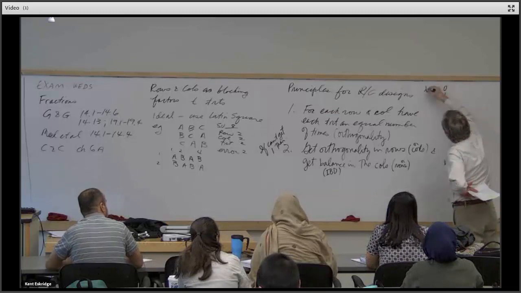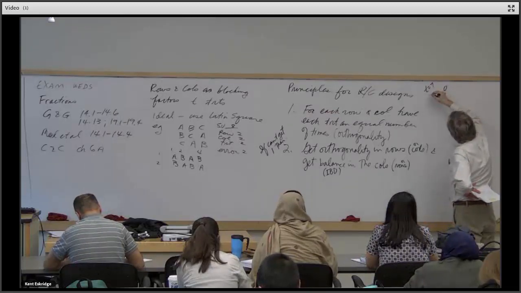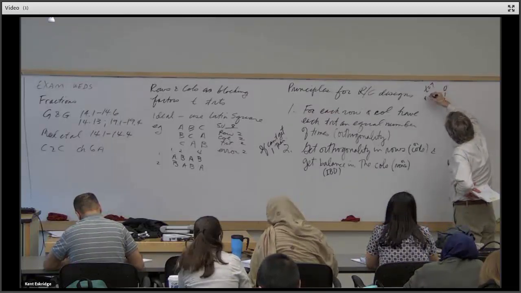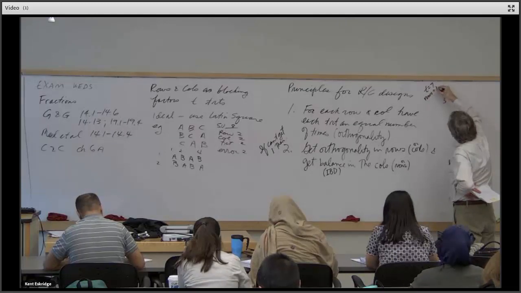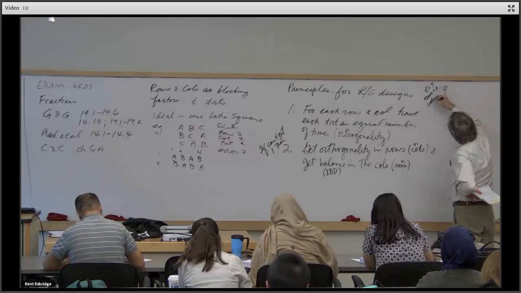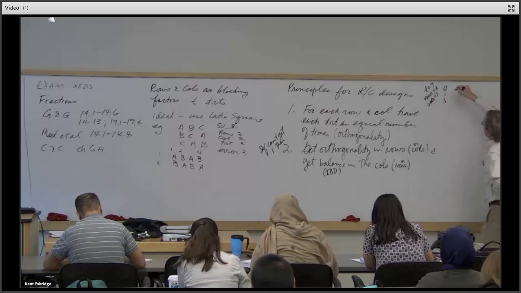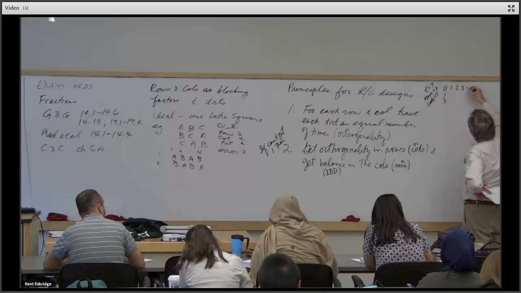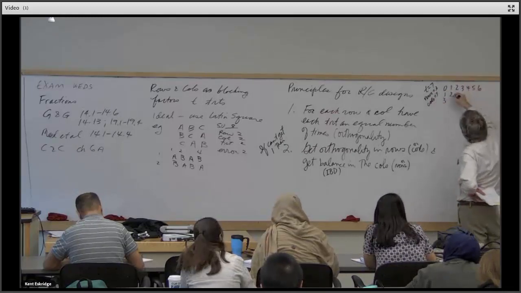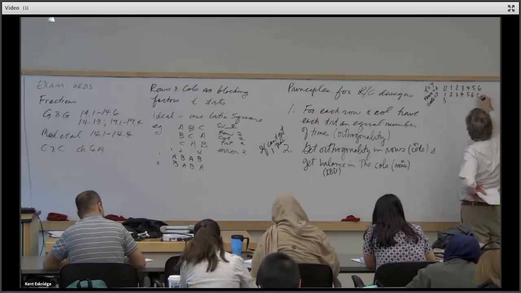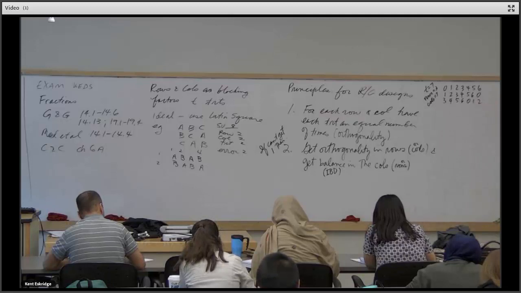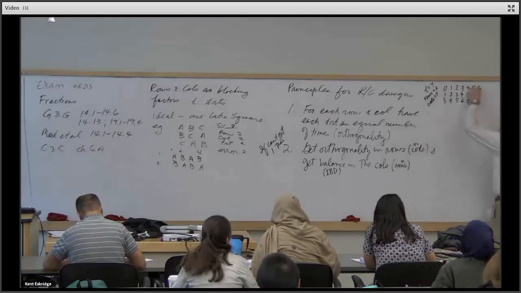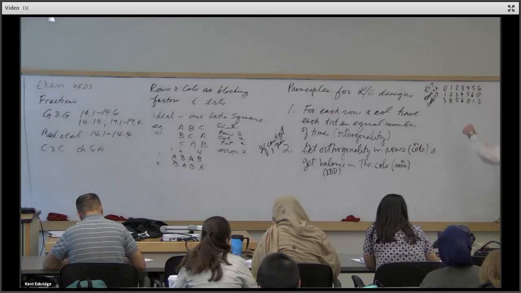I've got 7 treatments, 3 rows and 7 columns, and it's a cyclic design. 0, 1, 2, 3, 4, 5, 6. 1, 2, 3, 4, 5, 6, 0. 3, 4, 5, 6, 0, 1, 2. Now notice, I'm just using numbers instead of letters, but that's a row column design. Here are my columns, and here are my rows.